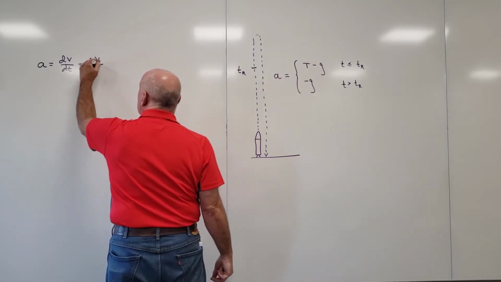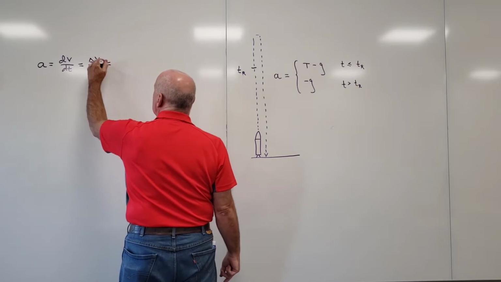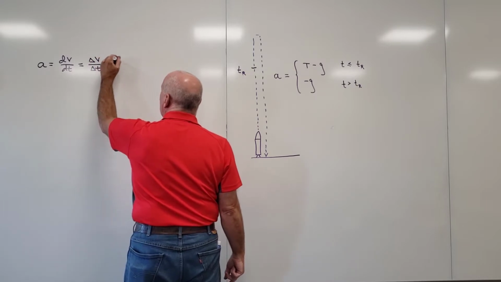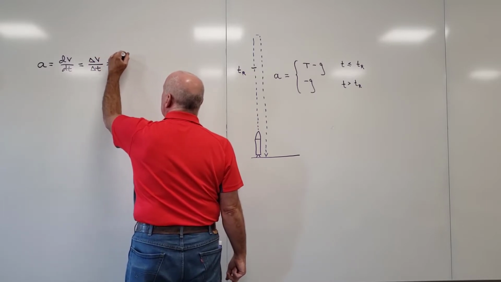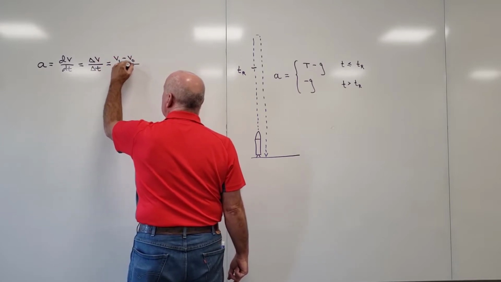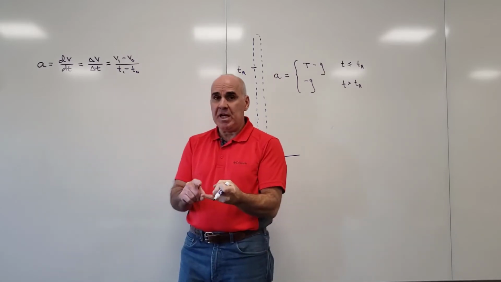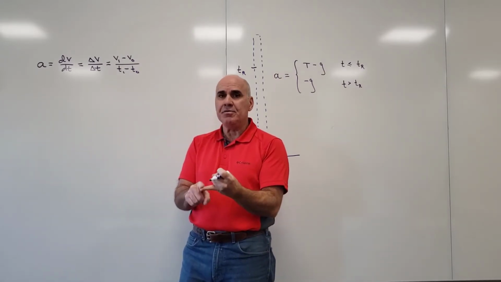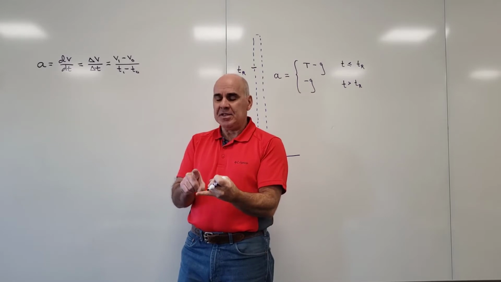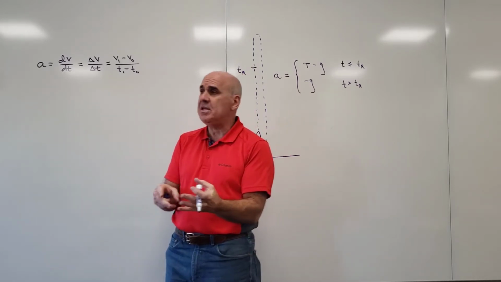The change in velocity over the change in time. Well, this is equal to, let me call it, V1 minus V0 divided by T1 minus T0. Now we'll make life simple, and we're going to assume that V0, the initial velocity, is equal to 0, and T0 will also be equal to 0.